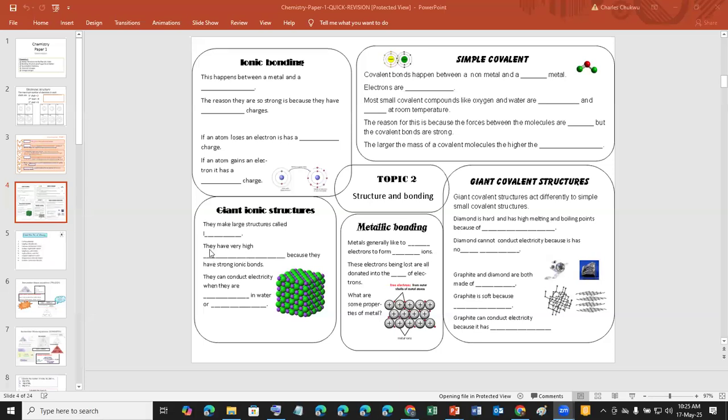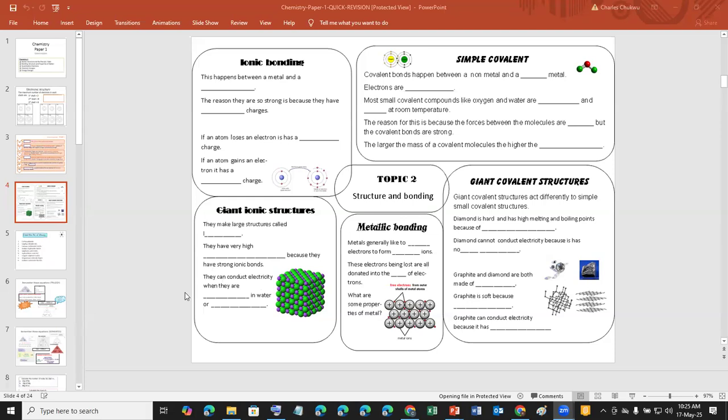Without dissolving it in water, you can see that they have very high melting points because they have strong ionic bonds. Remember, I gave you an instance where if you try to melt common salt, it will need a very high temperature and it will still not look like it's melting, because of the ionic bonds.